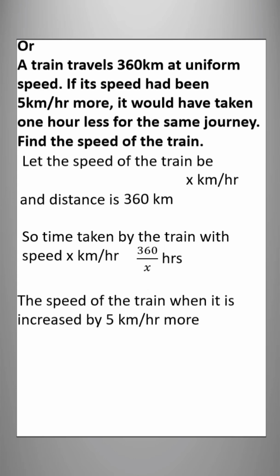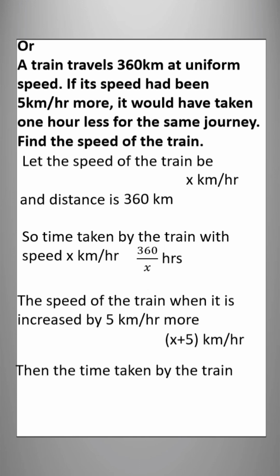The speed of the train when it is increased by 5 km per hour is x plus 5 km per hour. Then the time taken by the train is 360 by x plus 5 hours. According to the question, 360 by x minus 360 by x plus 5 is equal to 1.